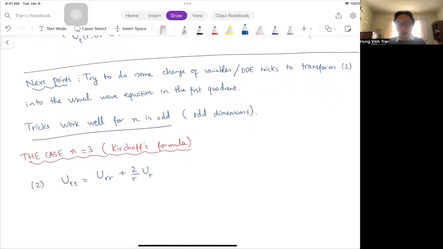Now the ODE trick kicks in: we try to combine these two terms into a single term.